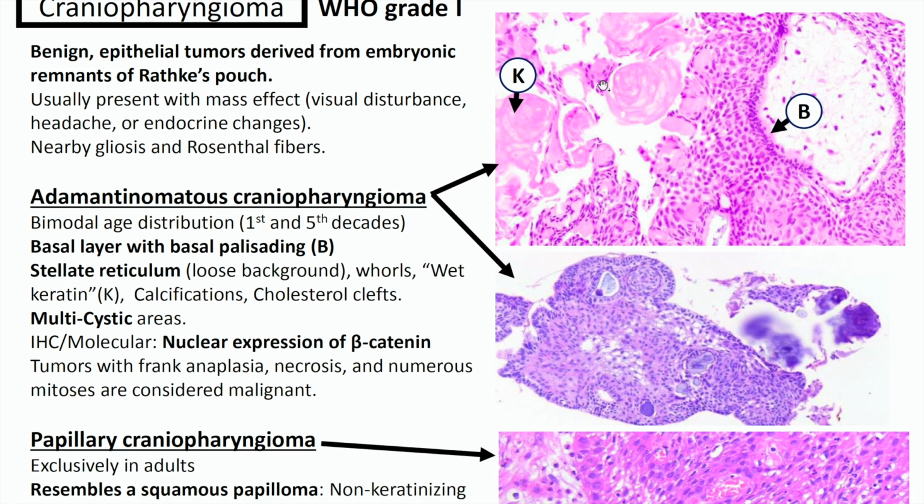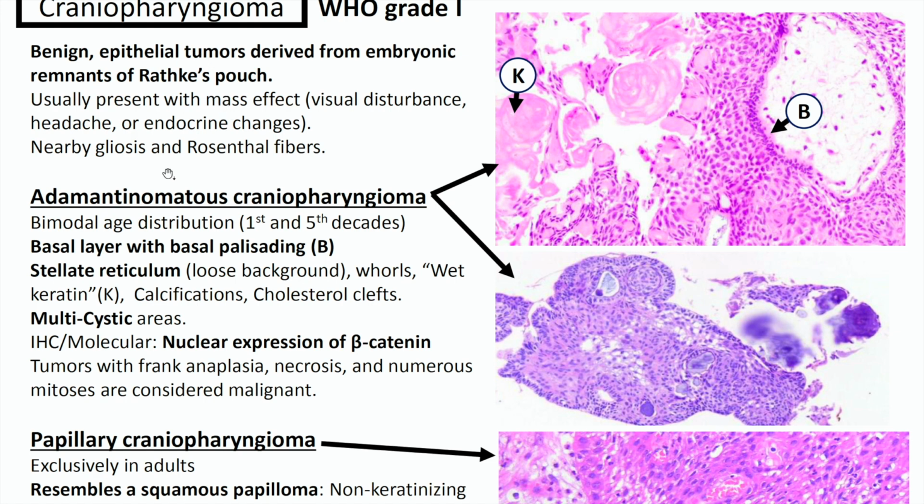All right, this is kind of a fun one. So we've got craniopharyngioma, WHO grade 1. These are benign epithelial tumors derived from embryonic remnants of the Rathke's pouch, usually presenting with a mass effect or visual disturbances, headaches, endocrine changes, etc., and nearby gliosis and Rosenthal fibers.